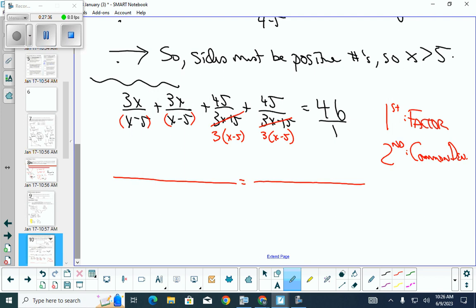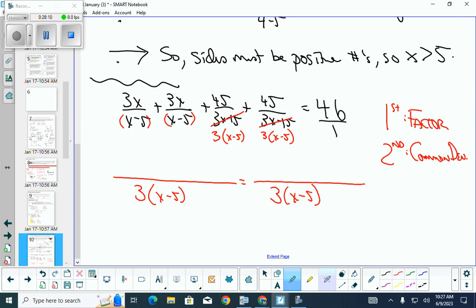You've got 3s and 1s, so you need a 3. Now let me just pause here. What if you had a 3 and a 2? What number would you write here? 6, right? Because 3 and 2, you multiply them. Yes. Okay. Now, what bracket do I need? Just the x minus 5. Only one of them. Okay.